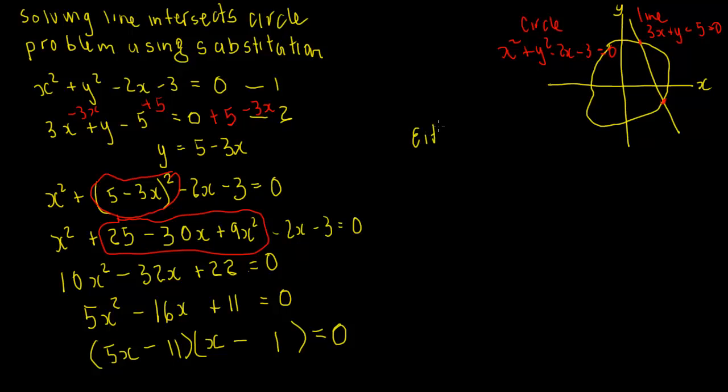So now we can start to look at this. For this to be 0, one of these factors must be 0.